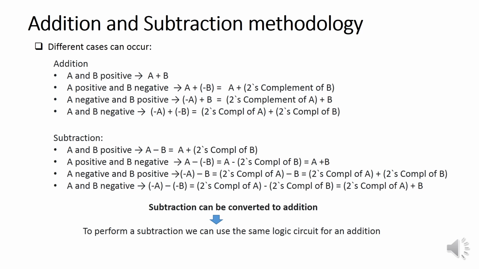As you can see, by substituting the negative number by its 2's complement, all cases have been converted into additions, even when a and b are negative numbers. Minus a minus minus b is equal to 2's complement of a minus 2's complement of b. And minus 2's complement of b is 2's complement of 2's complement of b, so it is plus b.